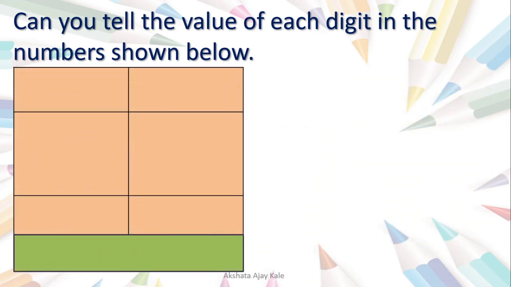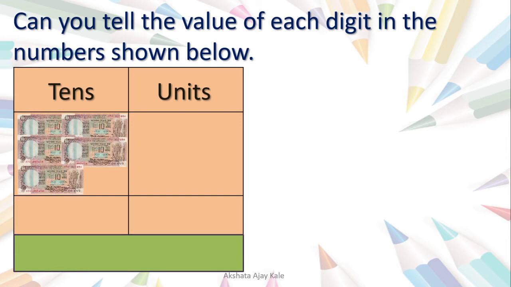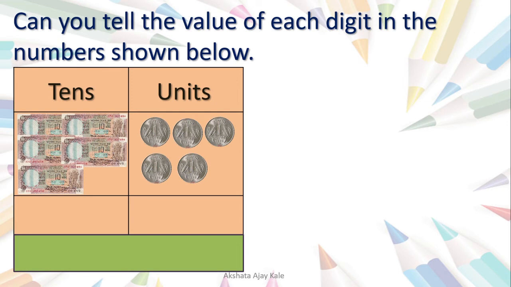See one more here. Now here we will write the digit in the numbers. We will write the place value in words too. Okay? Units, tens. Here we can see some notes of tens and some coins of 1. Right? Okay. How many tens are there?